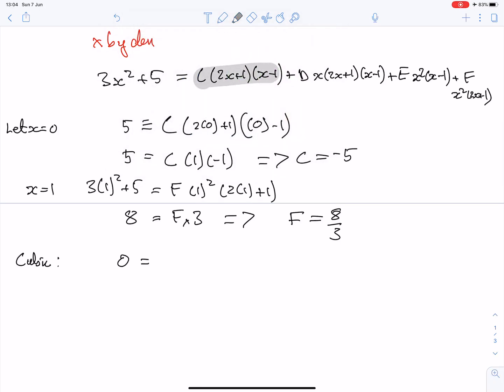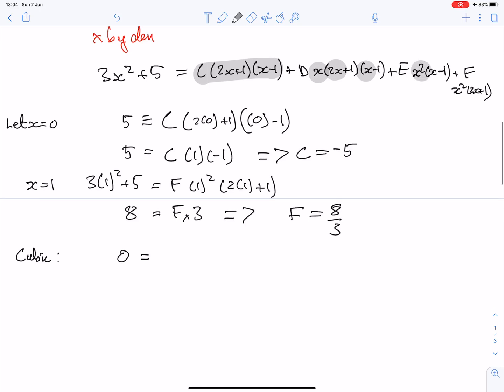This one, we've only got 2x times x, so that won't give us a cubic. This one, we've got x times 2x times x, so that D will give us a cubic. This one will give us a cubic, and x squared times x again in here will give us a cubic.